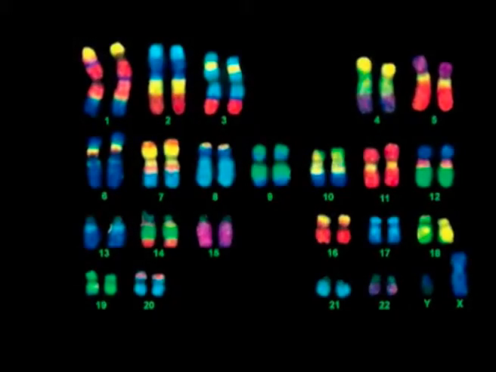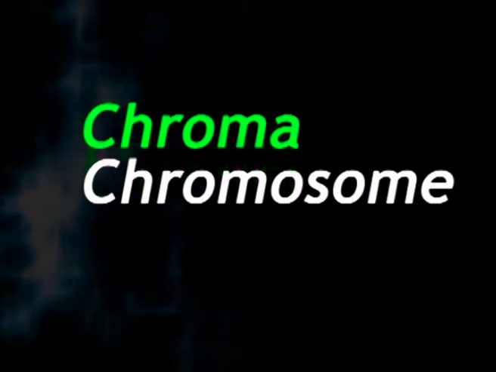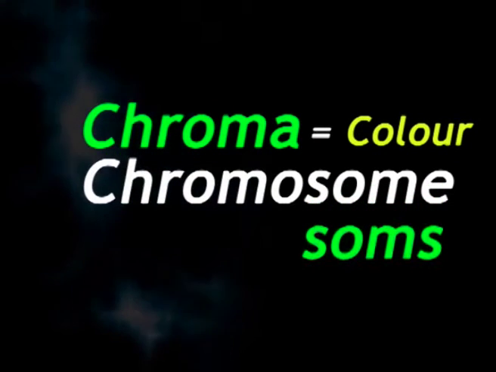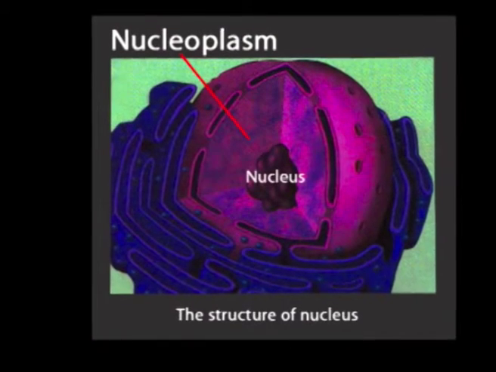Well, chromosome is derived from two words: chroma, which means color, and somes means body. So, chromosomes means simply colored thread-like or filamentous body, which are present in the nucleoplasm of living cells.